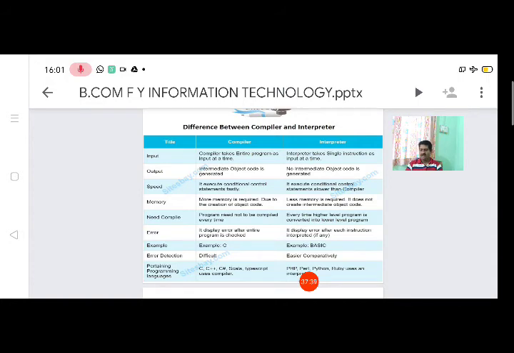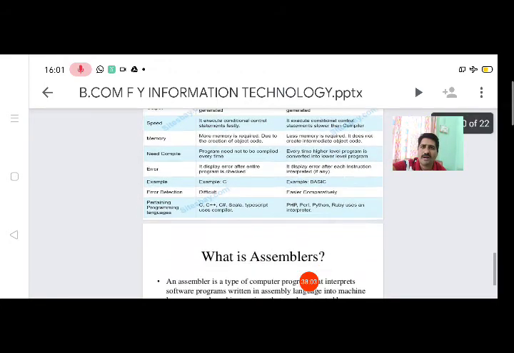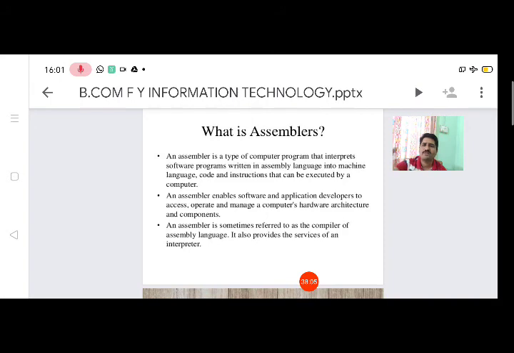Then errors: the compiler displays all errors at the same time, and the interpreter displays the errors of each line one by one. These are some differences of compiler and interpreter.